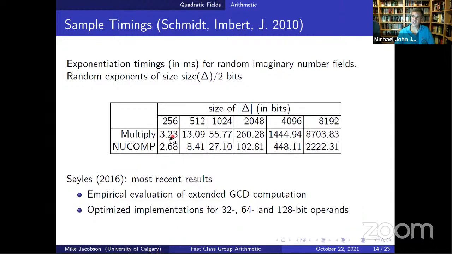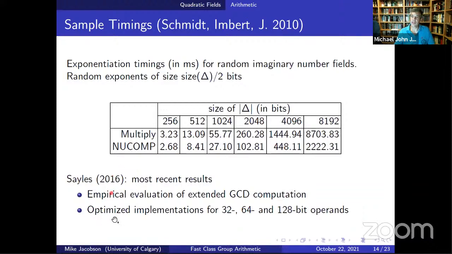You can see that as the discriminant gets larger, the disparity gets quite big, and NUCOMP becomes better and better relative to plain multiplication and reduction. So in practice, this can make a huge difference, especially for cryptographic sized fields. It's a very important optimization.